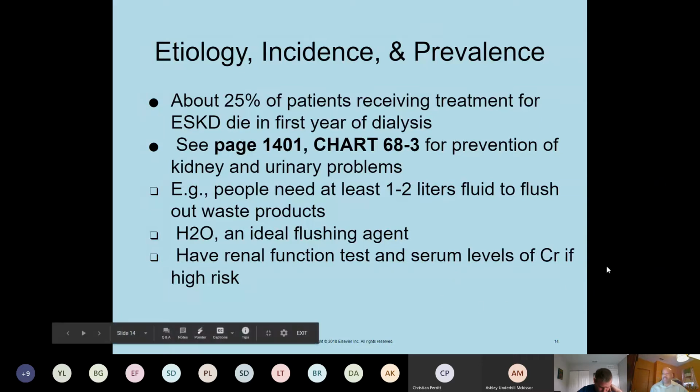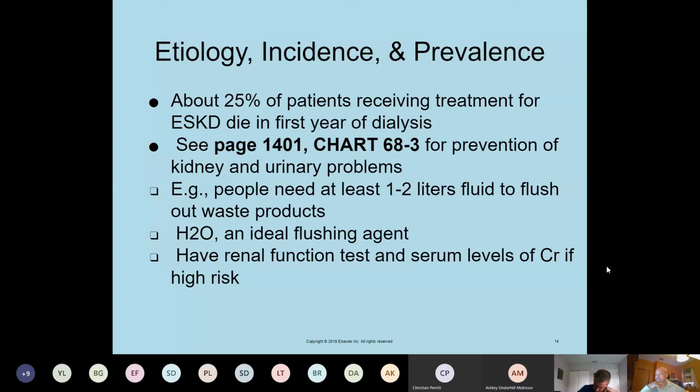Also read table 68-7 for causes of CKD. For example, TB, pyelonephritis. I think pyelonephritis was one of your intrinsic or intrarenal types of renal failure. Diabetes, hypertension, glomerulonephritis, etc. So go ahead and read that table for additional information.